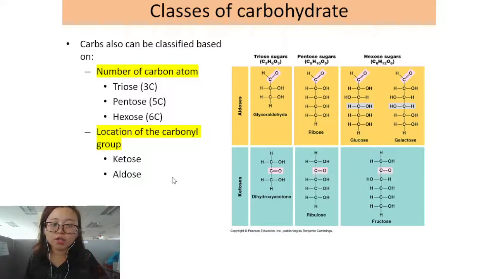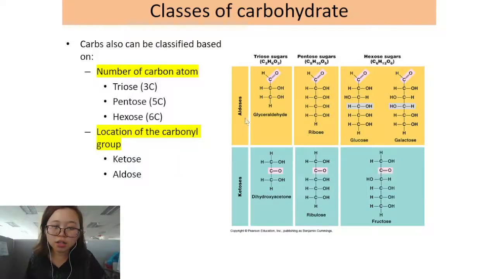You can also classify them based on the location of the carbonyl group. So you can classify them into ketose or aldose, depending on where the C double bond O group is. Okay, carbonyl is C double bond O. So if it is a ketose, the C double bond O or carbonyl group is in the middle of the chain.